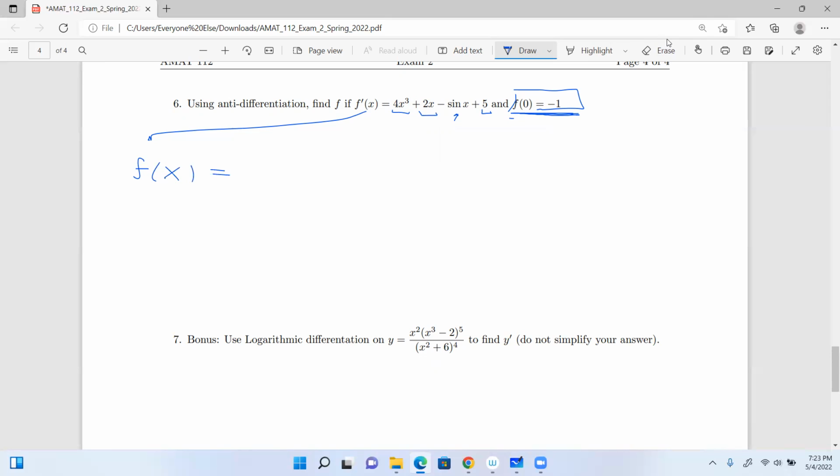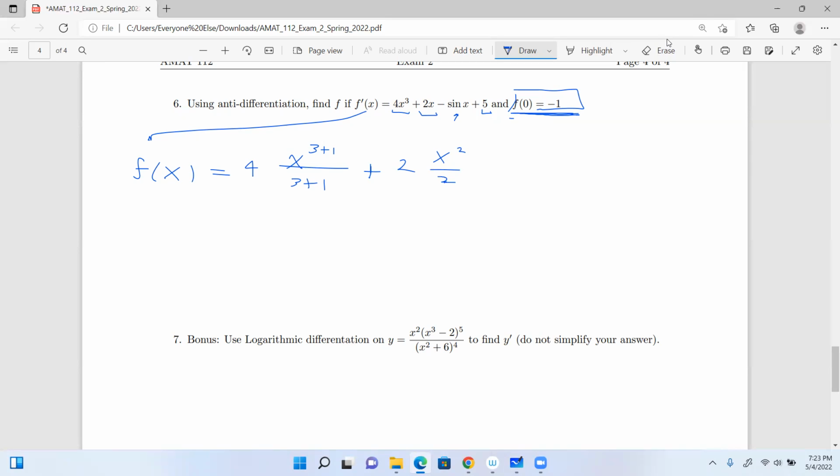For this, you use the power rule in reverse, which says that you add 1 to the power and then divide by that power. And then the next one is 2 times x, and we do the power rule on this term. So you add 1 to the power, so it becomes 2 over 2.